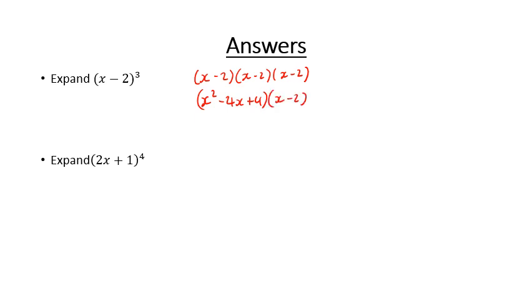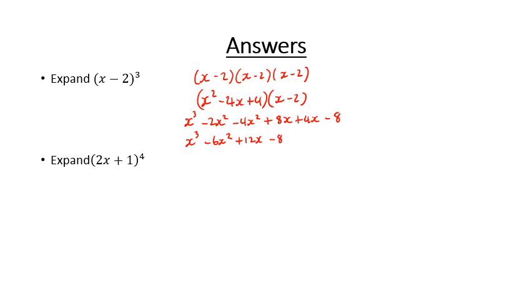Alright, and then I can multiply out, gives me x cubed take 2x squared take 4x squared plus 8x plus 4x take 8. Collect the like terms, x cubed take 6x squared plus 12x take 8.